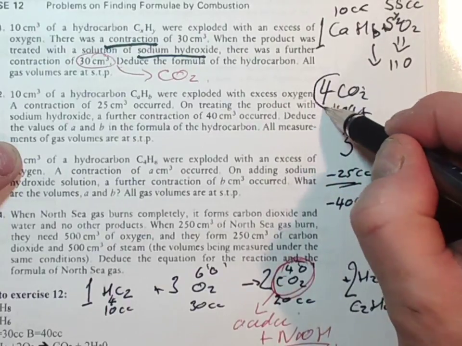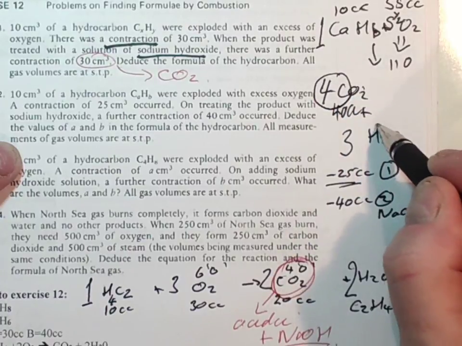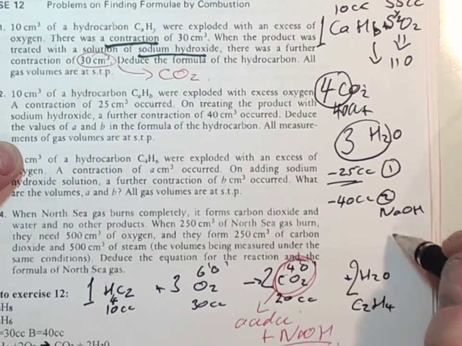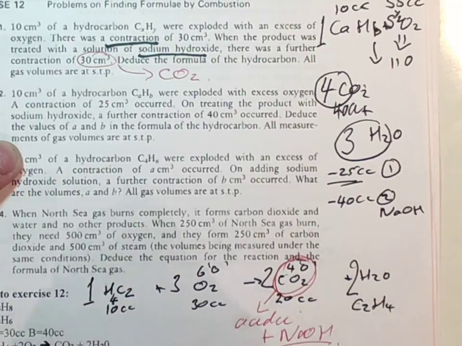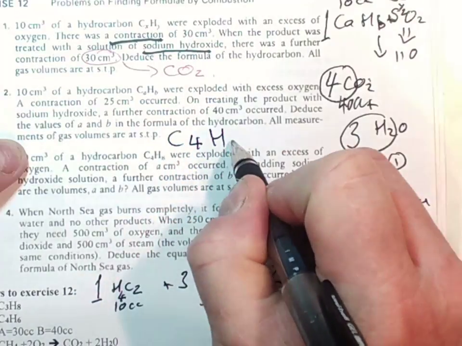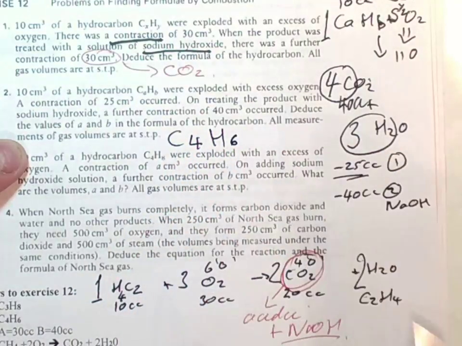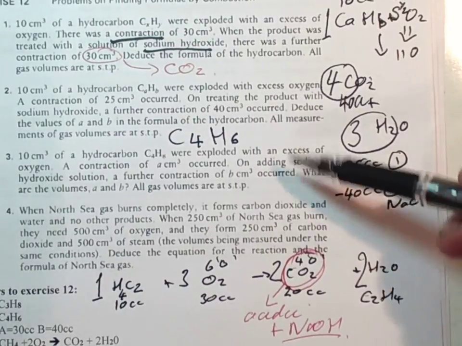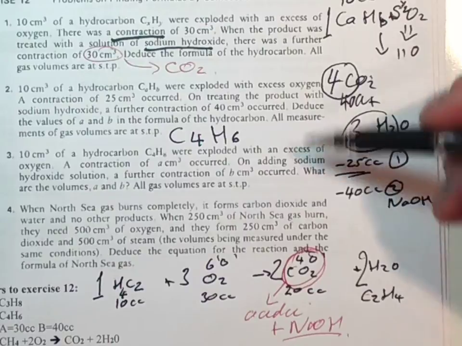So I've got 4 carbons, and I've got 6 hydrogens, so therefore the formula of my compound is C4H6.